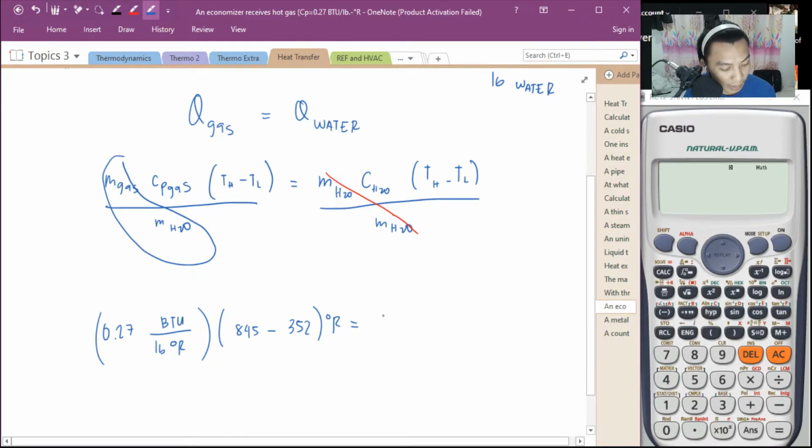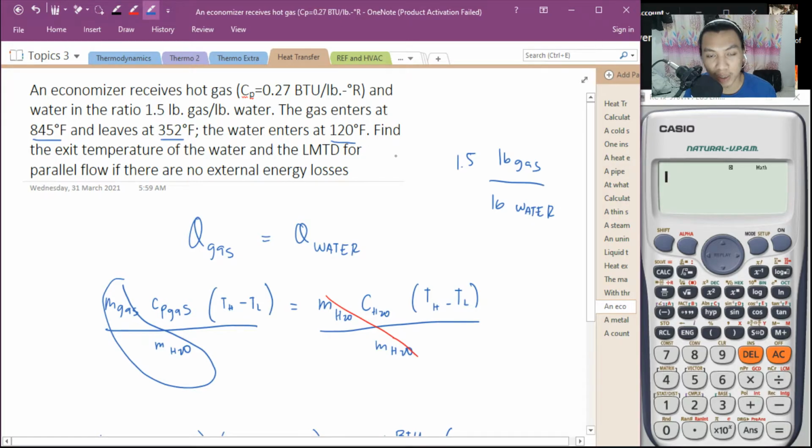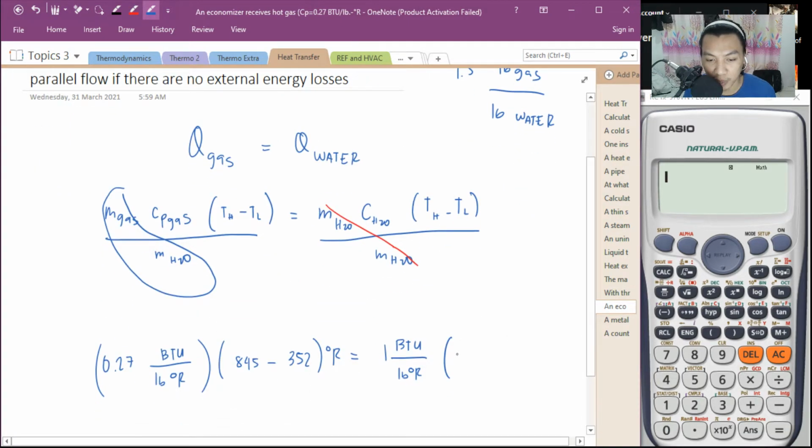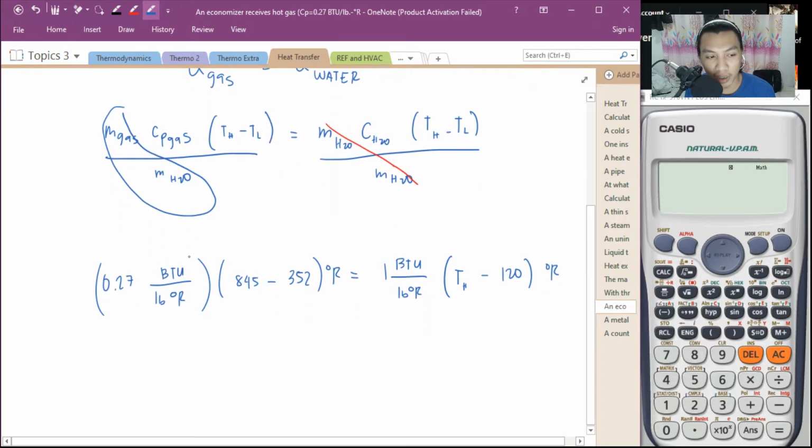That is 1 BTU per pound degree Rankine. Tapos meron kang T-hot dito. Ang tubig mo kasi iinit dyan, okay? Water enters at 120. So, T-hot ang hinahanap mo. T-hot minus 120. Okay? Degrees Rankine. Ngayon, simplify natin. Cancel natin tong BTU per pound degree Rankine. Rankine ang lalabas.